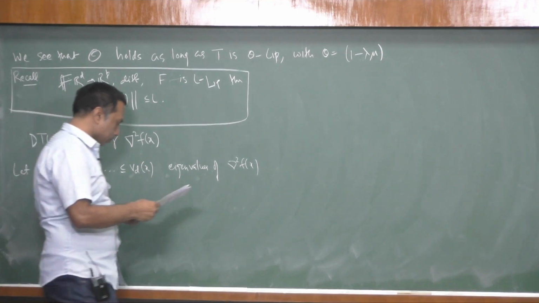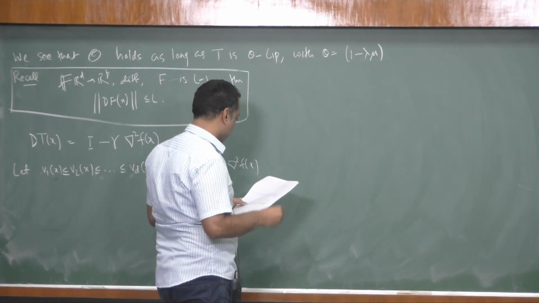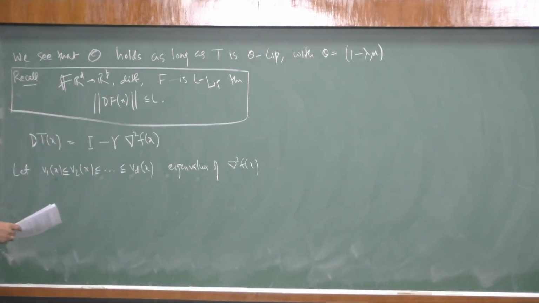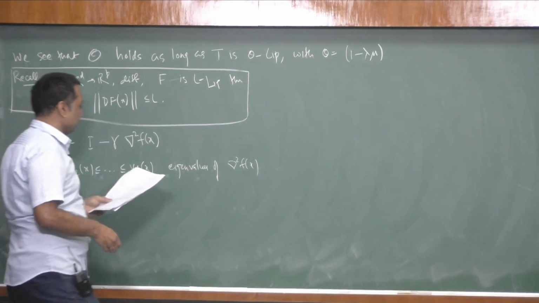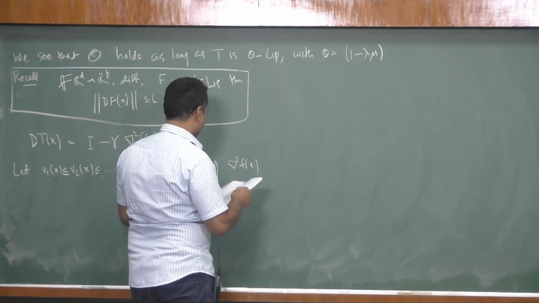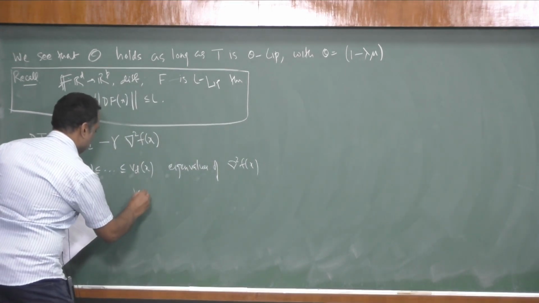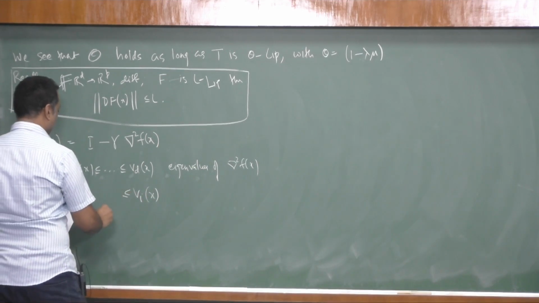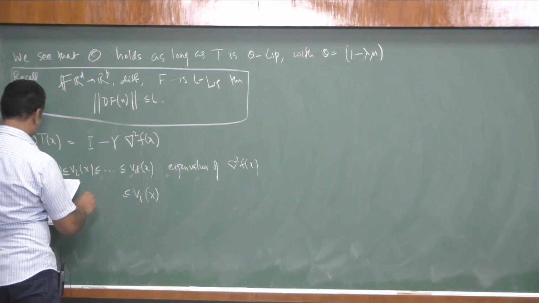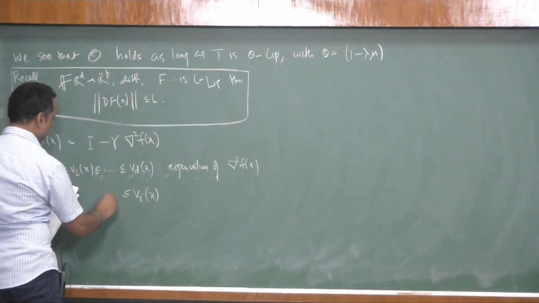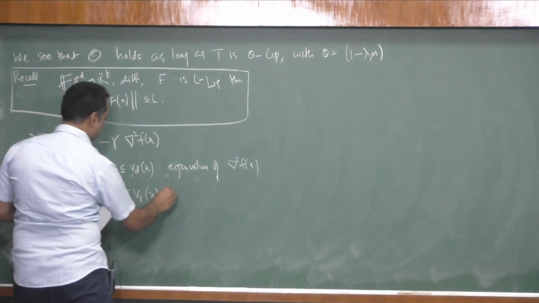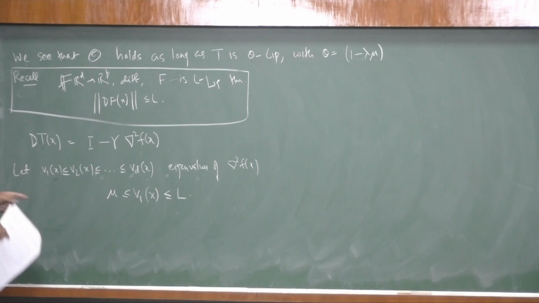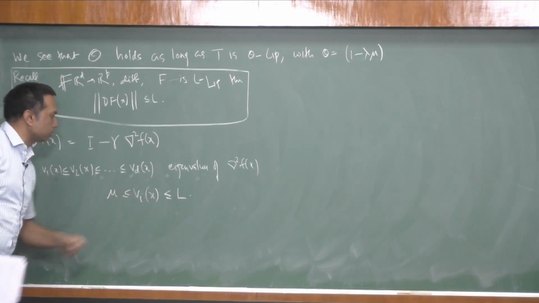What we have seen also previously is that in that case the vi's, the eigenvalues, are bounded by mu, which is the strong convexity, and by L, which is the smoothness.